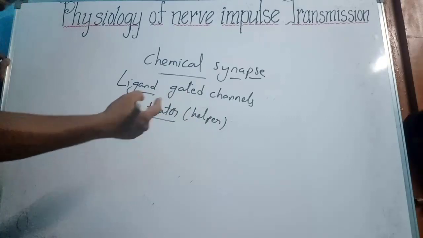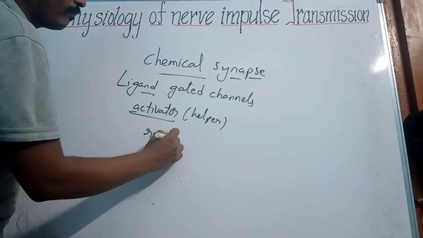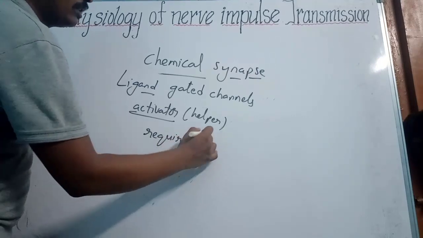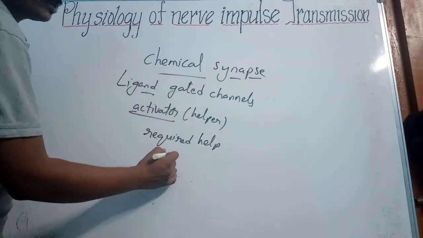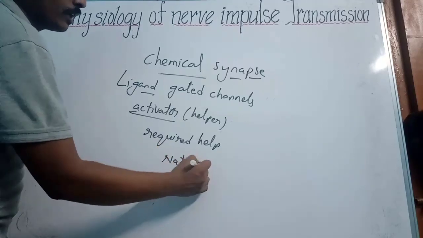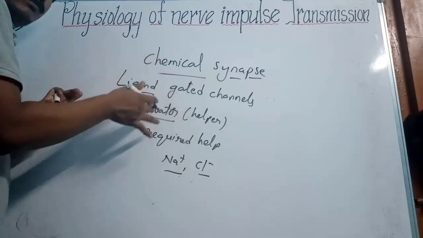So these gated channels which you have observed in the postsynaptic membrane require the help of ligands. Whether the sodium ligand gated channels or the chlorine gated channels, they all require the support of some chemical.